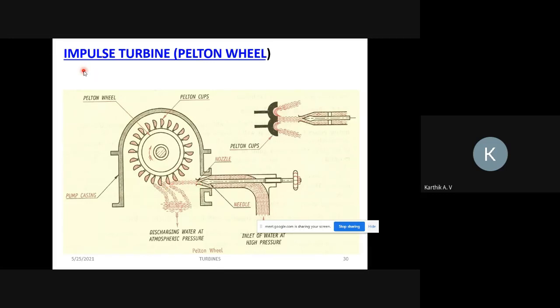So it is also called an impulse turbine, Pelton wheel turbine, or tangential flow turbine. Sometimes in the exam they may ask any name: tangential flow turbine, impulse turbine, or Pelton wheel turbine.